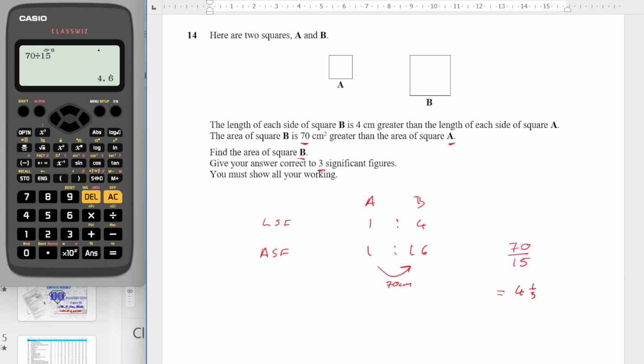That's what each of those parts would be. So to find the area of square B, I think I'm going to be timesing that by 16. So I've kind of messed up here. The ratio isn't 70 centimeters. So I'm going to set this up slightly differently.